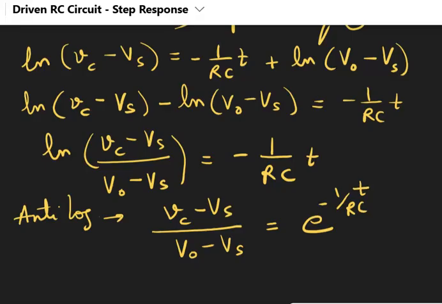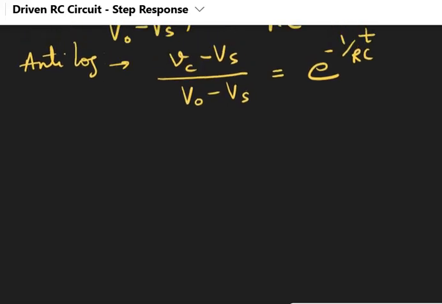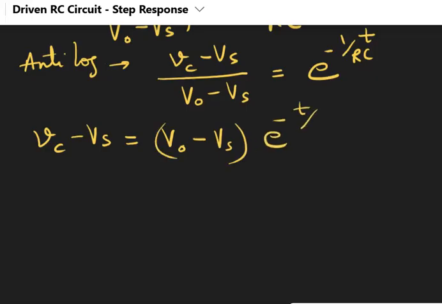Now we have to solve it for Vc, the voltage across the capacitor. So let us solve it. Vc minus Vs equals (V0 minus Vs) e to the power minus t by RC.